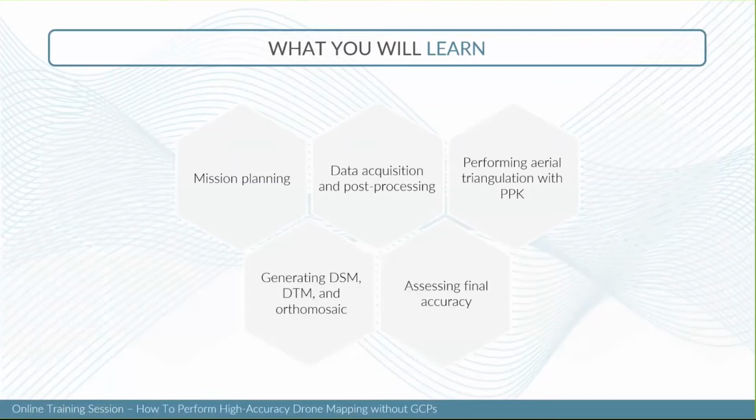I'll also talk about the elements that are important for the aerial triangulation, such as the overlap and the image content or quality of the images. And then I'll jump to the generation of a DSM, DTM, and then assessing the final accuracy of your mosaic.